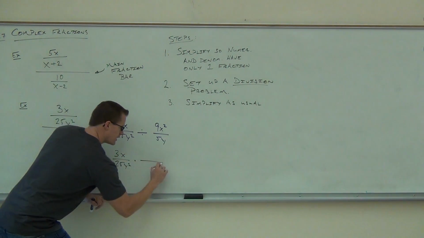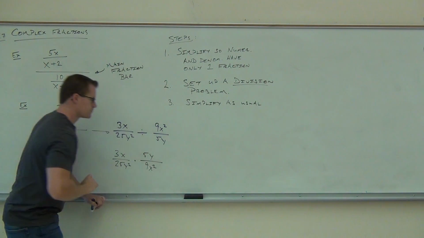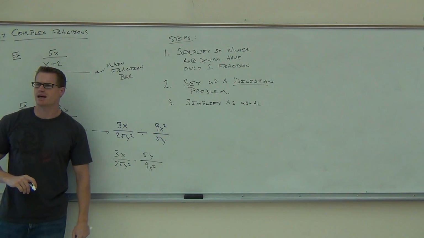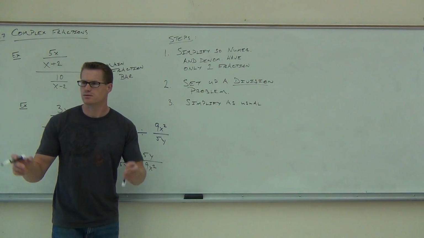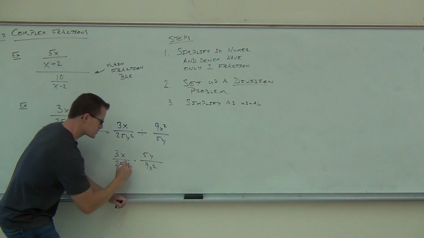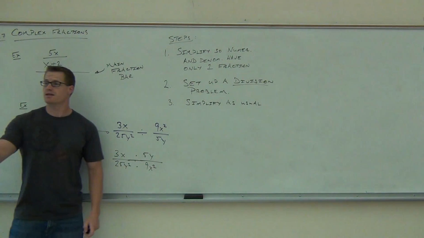Instead of division, we have now multiplication. So we reciprocate that second fraction, and what do we do after that, folks? We know how to multiply, right? We just do this. We put the dot. And then we simplify whatever we can. Do you see anything that simplifies, folks?